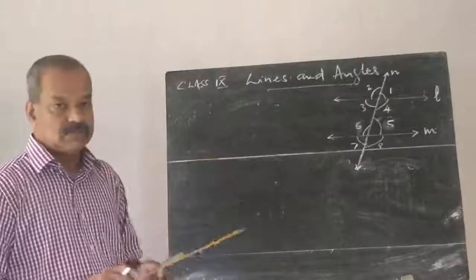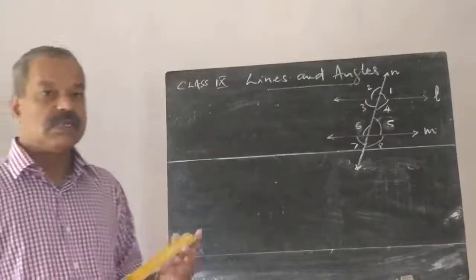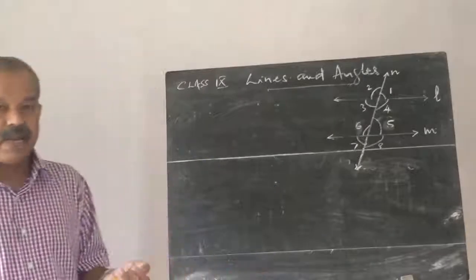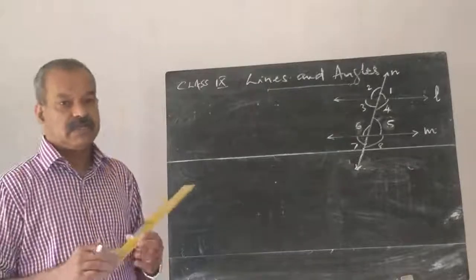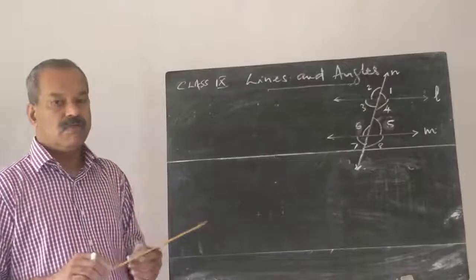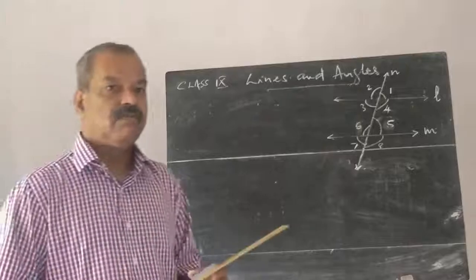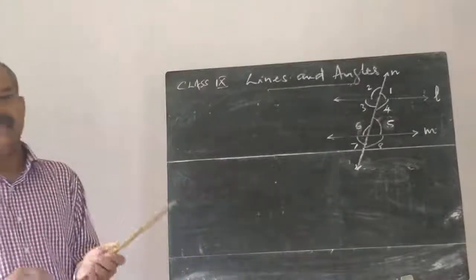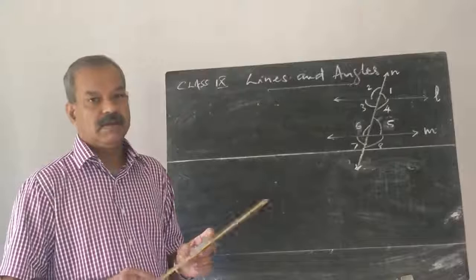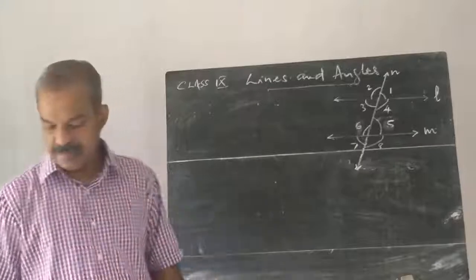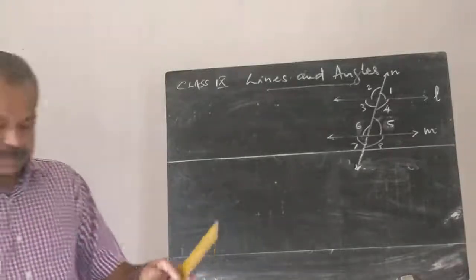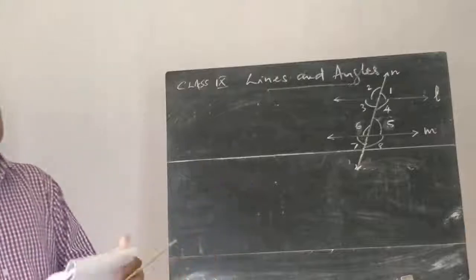What do you call those axioms together? Linear pair axiom. And we have already seen theorem 6.1. What is that? When two lines intersect, the vertical angles so formed are equal. Now we are going to see axiom 6.3.